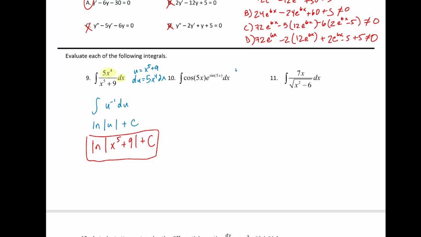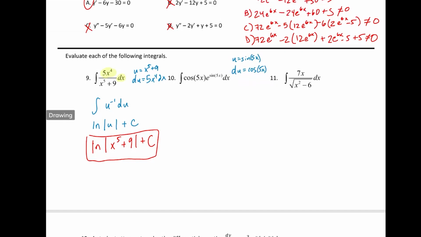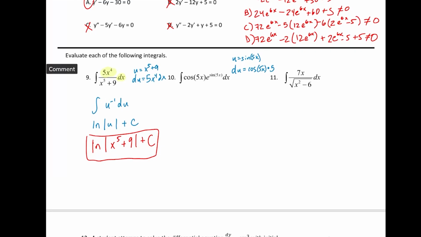So we'll say let u be sine of 5x, and then therefore du would be cosine of 5x, and then using the chain rule, we have to multiply by the derivative of 5x. So that would just be 5. And so I'll have cosine of 5x times 5, or 5 times the cosine of 5x. Either way, we don't have that 5 that we need.